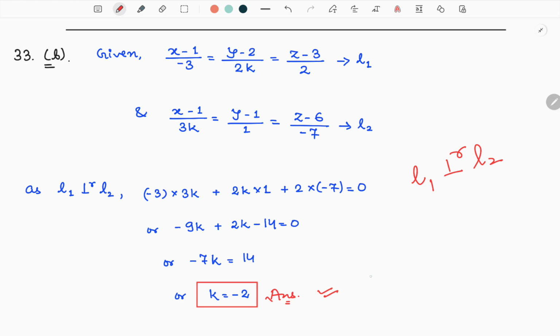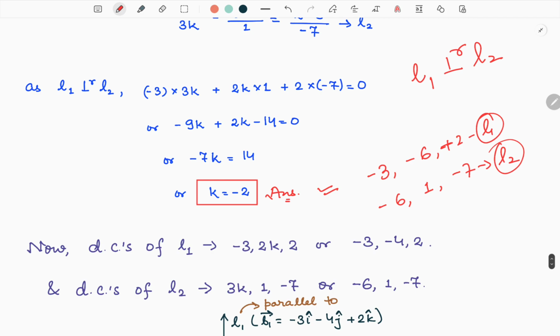Now when k becomes minus 2, line L1 direction ratios will become minus 3, minus 6 and plus 2. And when k becomes minus 2, line L2 direction ratios will become minus 6, 1, minus 7.